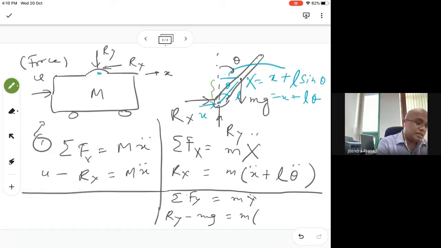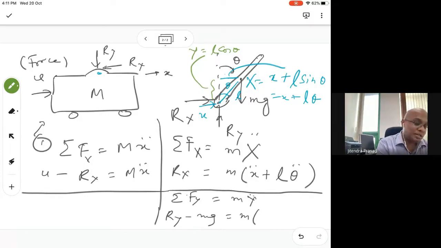This is the y value. And y will be equal to L cos theta. So L cos theta. When theta is very small, then that value will be 0. Otherwise, there will be some value. So what do we get in that case?